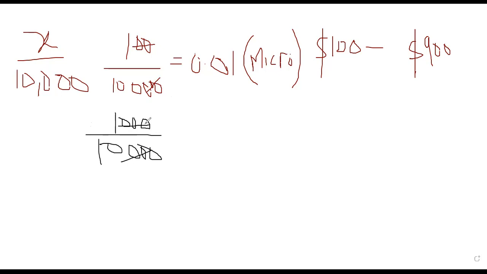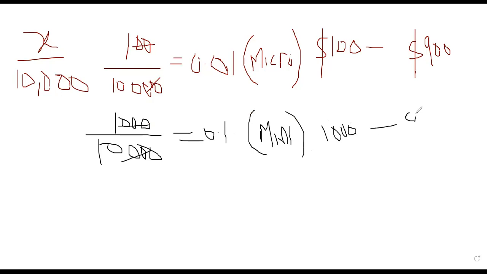So this is 0.1. So this 0.1 is called mini lot size. And the mini lot size ranges from $1,000 to $9,000. That's a mini lot size.